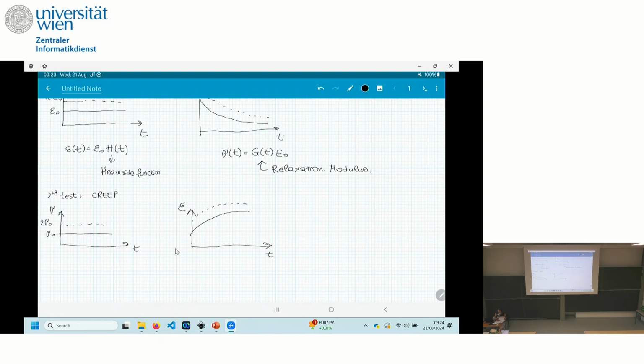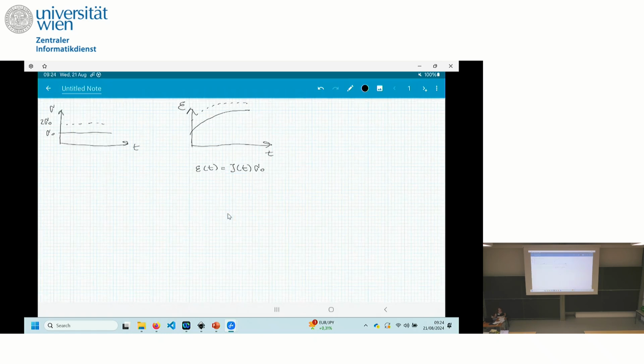And the relationship between stress and strain is going to be given by J of t times the applied stress. What is this J of t?